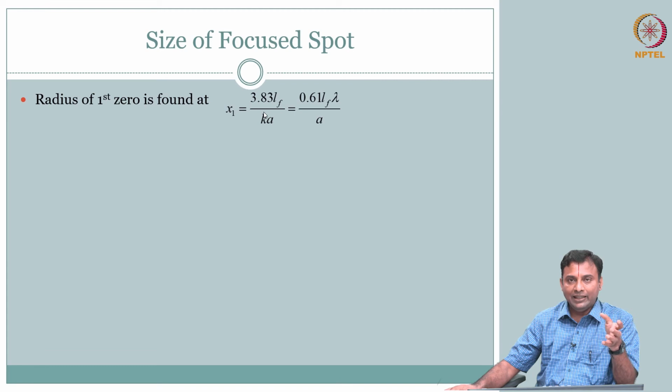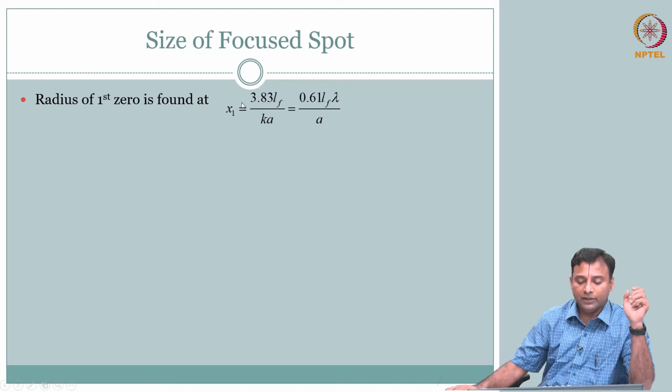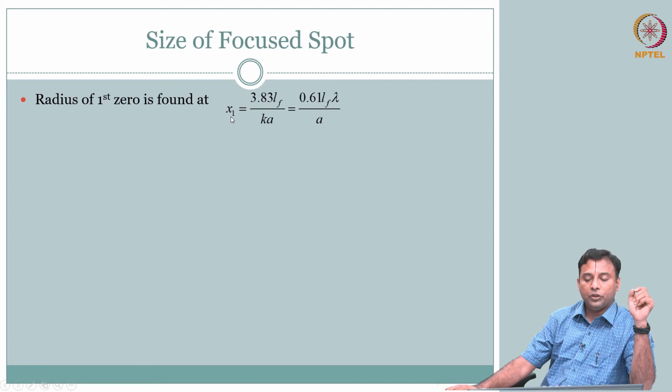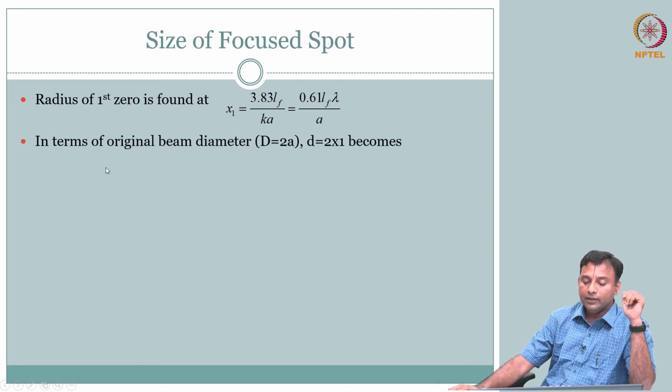Now we have a lens, and the lens helps us with the transformation. So sin phi_d or sin phi can be approximated to X_L by L_F at the focal point. So you can substitute, and you get X_L is equal to 0.61 lambda by A. So why is this important?